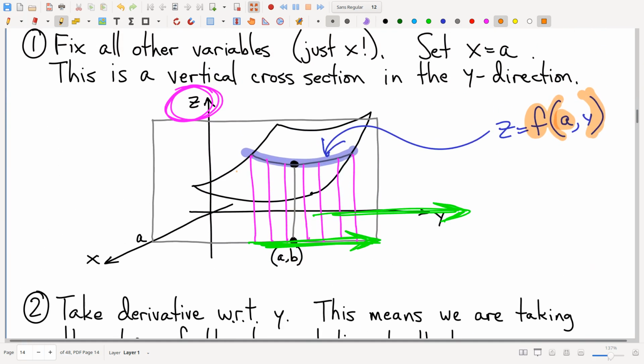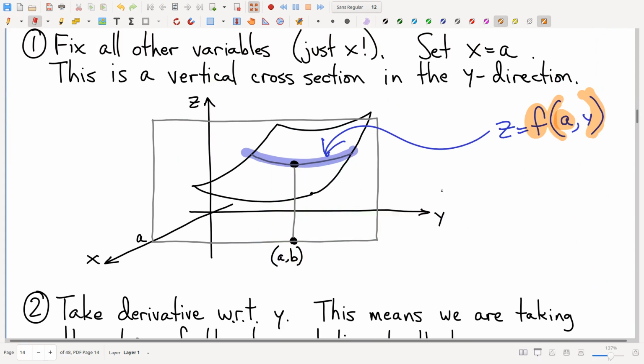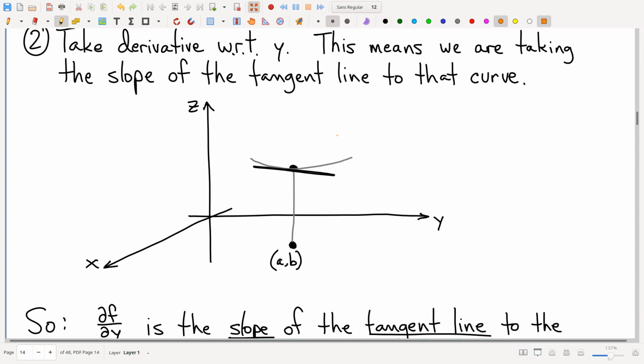Well, conveniently, I am looking at a graph of that single variable function. And the derivative of a function when you're looking at a graph, the derivative is the slope of the tangent line to that graph. So there's our nice little punchline.